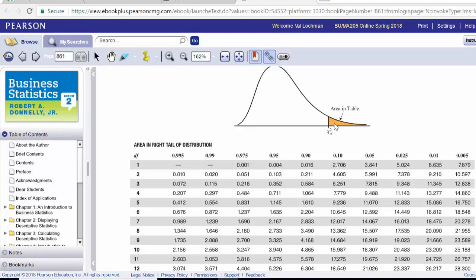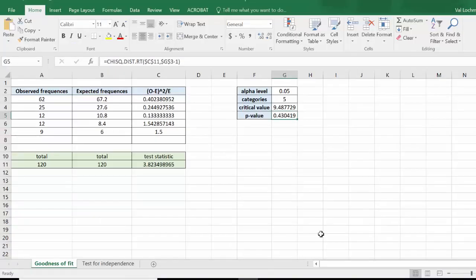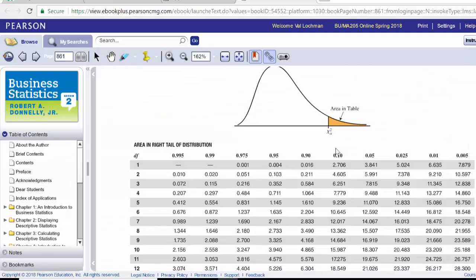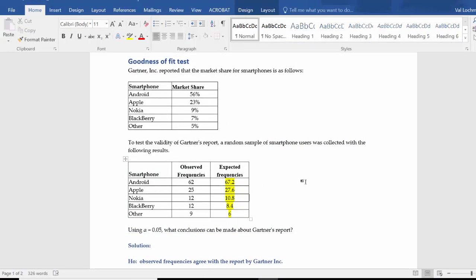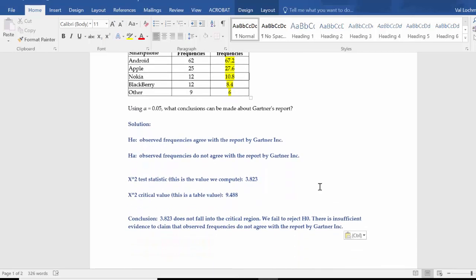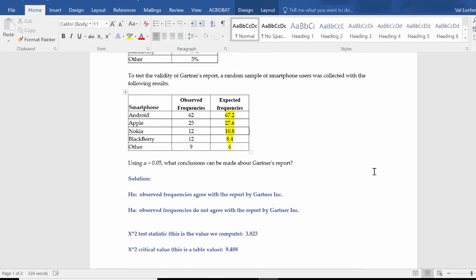If you put your chi-square statistic on this side, the area would be 0.43, which is really big. That's a lot bigger than the alpha level, which is 0.05. So either way, we fail to reject the null hypothesis, which means the sample does agree with the distribution given by the company.